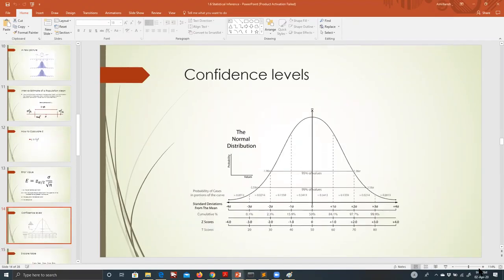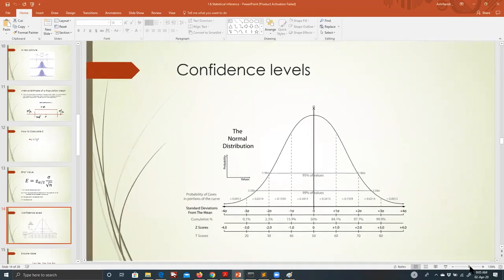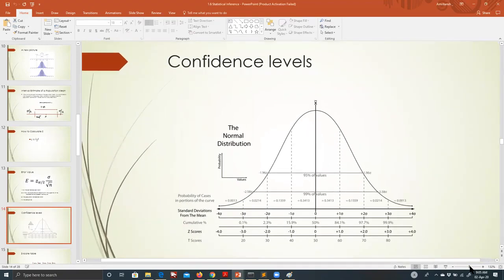Is this picture clear? Okay, actually, I will zoom it out a bit. Can you explain to me what information this picture has?